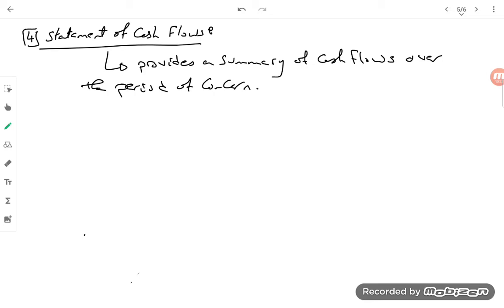These statements provide insights into companies' investments, financing, and operating activities. In addition to, it shows the difference between previous and current balance sheets. So it ties together income statement and previous and current balance sheet.